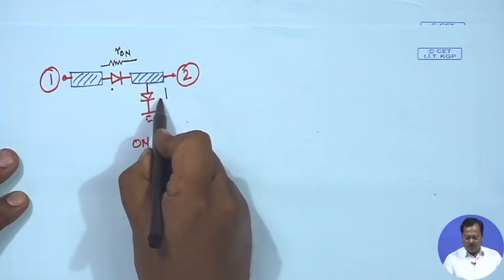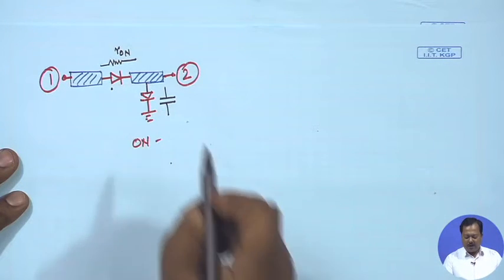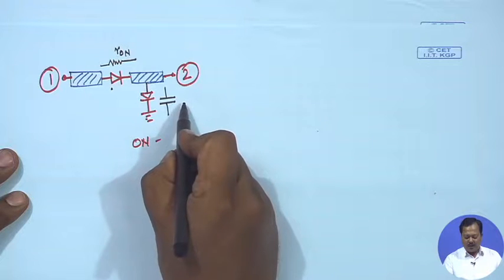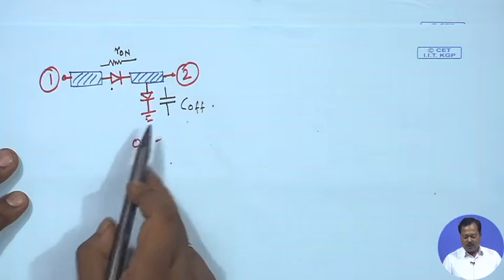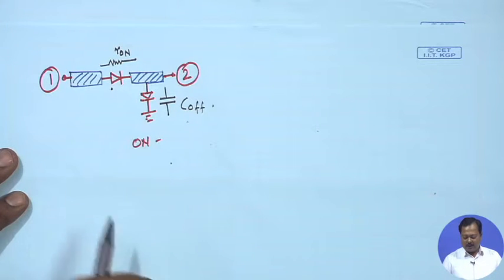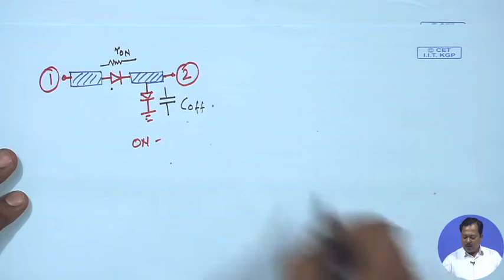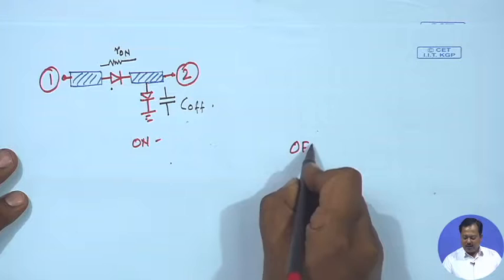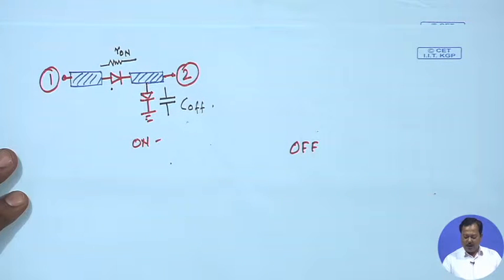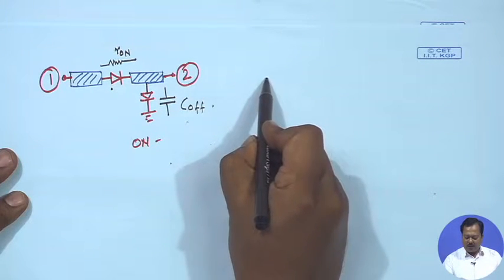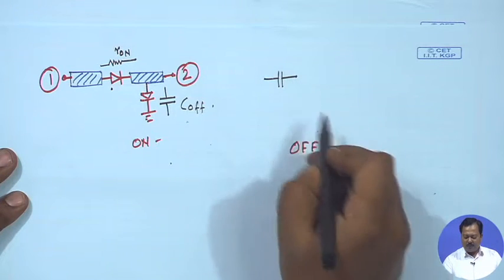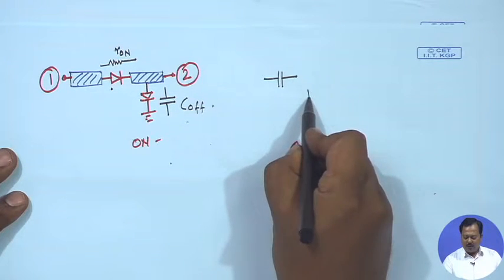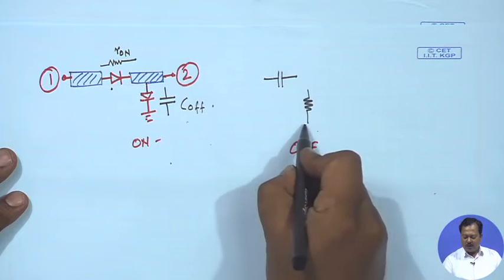We should represent it by capacitor C off, so the second diode should be in reverse bias condition. Then in off state, this is just the opposite. The first diode should be in reverse biased condition, and the second diode should be in forward biased condition.